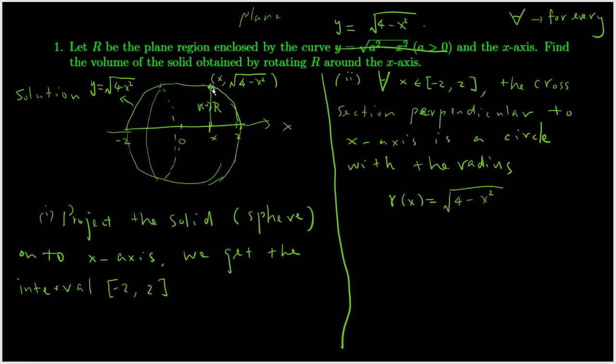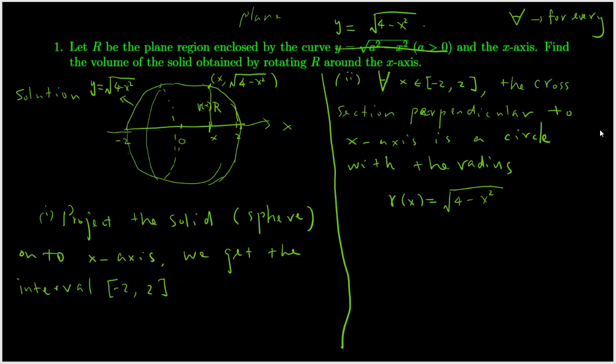We just mentioned the radius. Because this point is on the circle, if I give you the x coordinate of the point, then the y coordinate of the point is determined by the equation of the upper half of the circle. The y coordinate of this point is just the radius of the cross section.